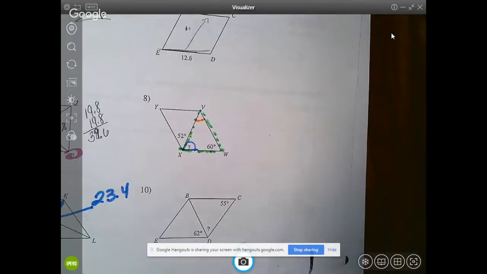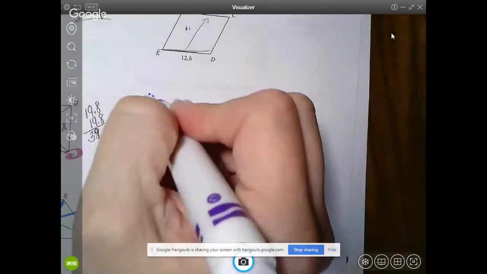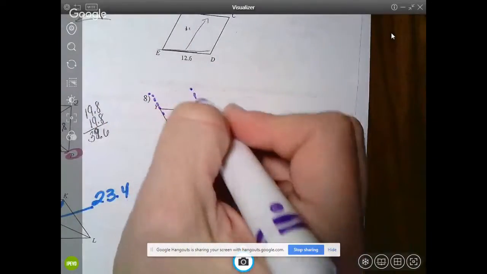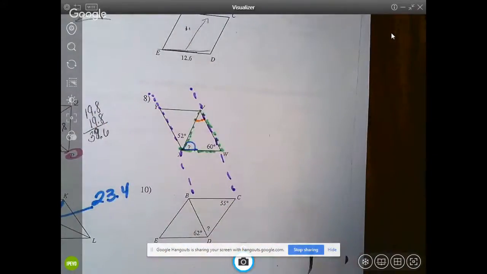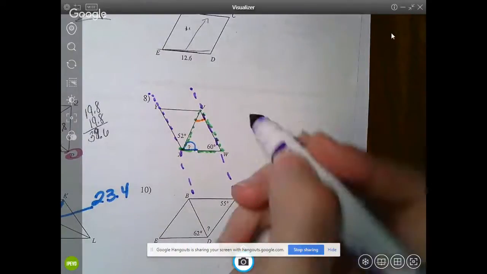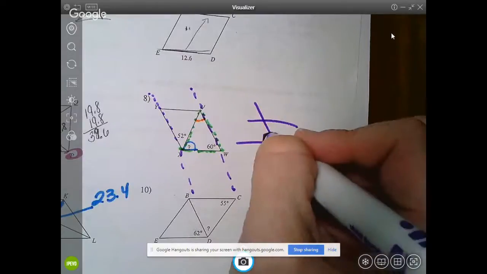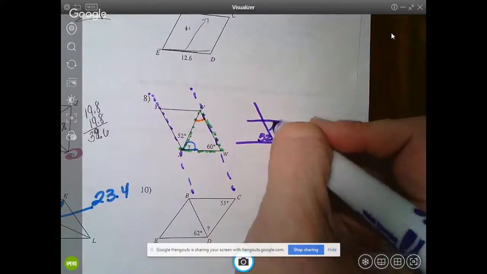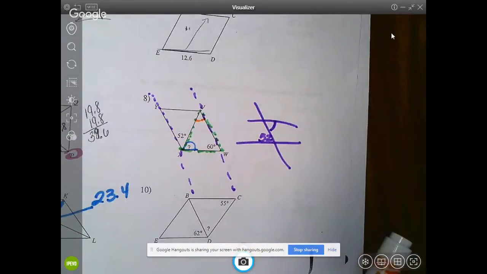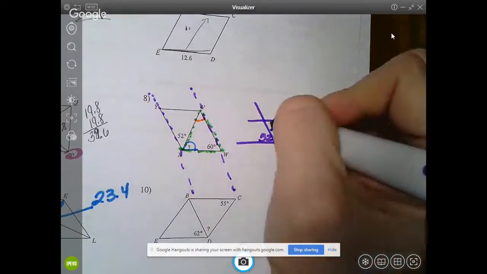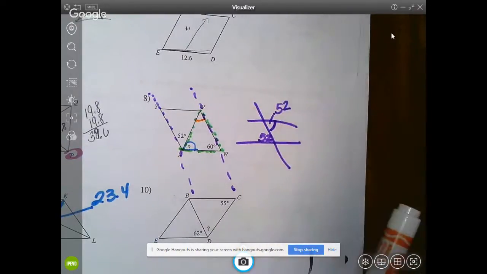Okay, so now because of that, watch where the hidden parallel lines are. Right here. I'm actually going to turn it on its side so it's easier to see. If this measure right here is 52, how many degrees is the other measure? 52. Why is this 52? What kind of angles are those? Alternate interior. Brilliant, alternate interior.